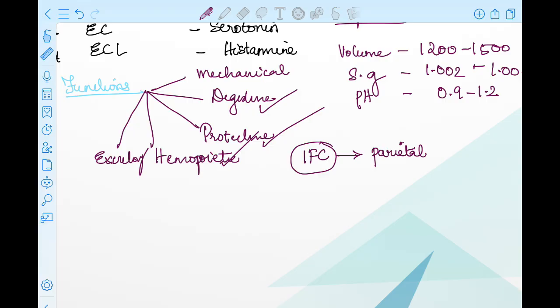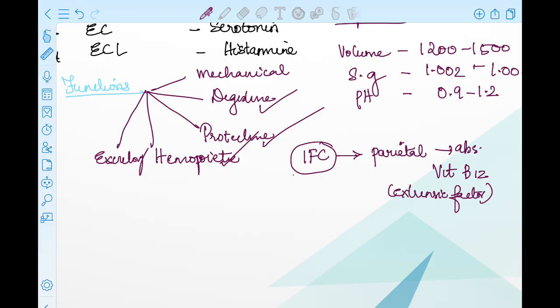These parietal cells release intrinsic factor of Castle, which is very important for the absorption of vitamin B12. This vitamin B12 is known as the extrinsic factor. Okay, so please make this thorough because you will keep on hearing this in subsequent lessons.